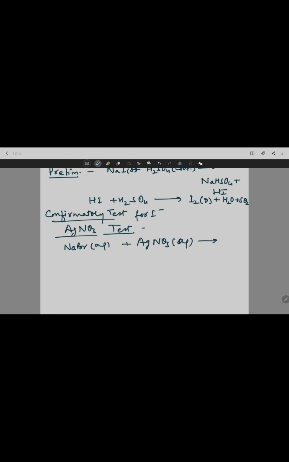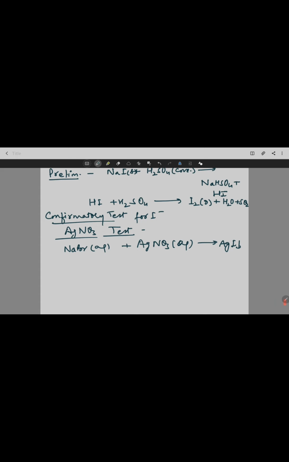We will get AgI, and AgI forms a yellow precipitate, right? So a yellow precipitate is obtained here, and here the salt is NaI, plus NaNO3 aqueous. So this is one confirmatory test, the silver nitrate test.